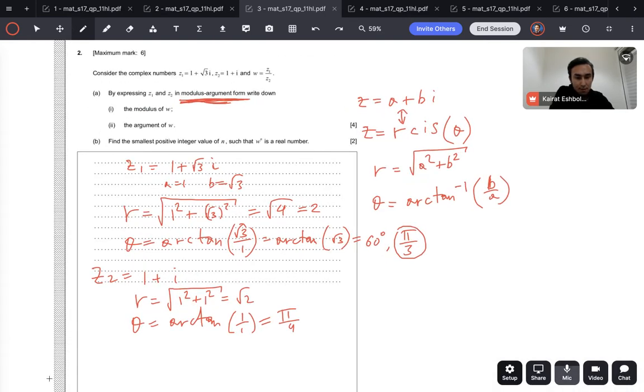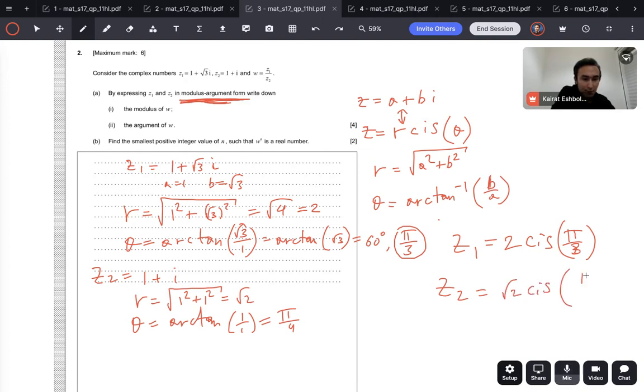So therefore, for z1 overall, we're going to write it as, r was 2, so 2 cis pi over 3, right? And for z2, we know it's root 2 cis of pi over 4.